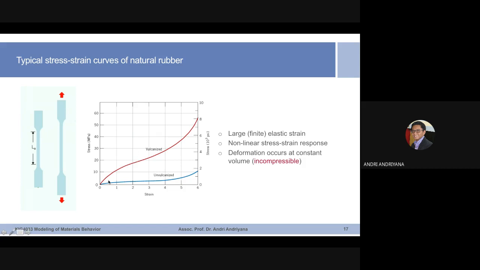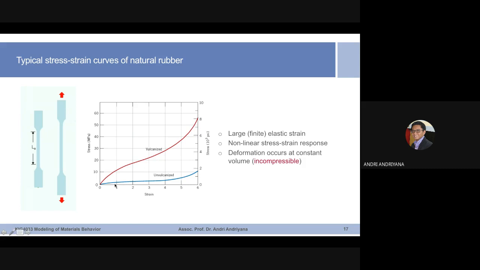So this is the response that I have for vulcanized. And sorry, the vulcanized is the red one, and unvulcanized is the blue one. So let's focus on the vulcanized one because this is our main discussion. So elastic polymer elastomers, which are cross-linked through the vulcanization process.